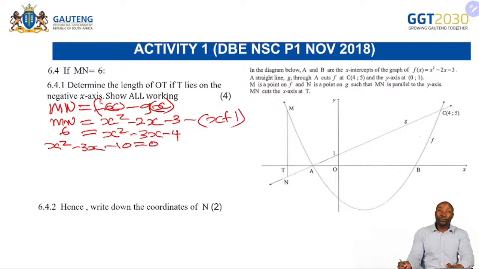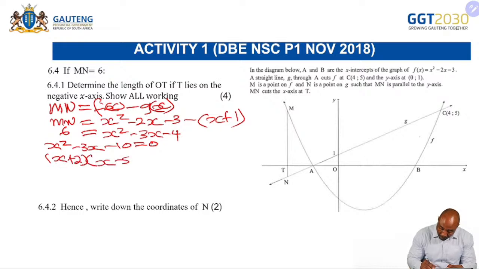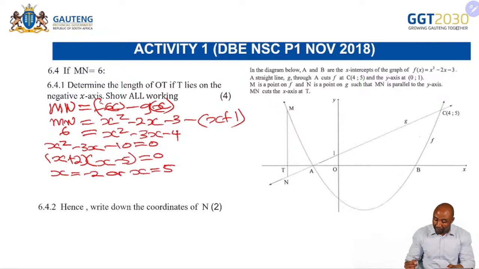We are already solving a quadratic equation. If factorization is a challenge, you can use the quadratic formula, but this can be easily factorized. This will give us (x plus 2)(x minus 5) equals 0, and we'll get our x as negative 2 or our x as positive 5.